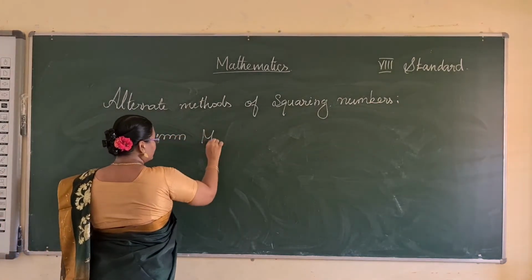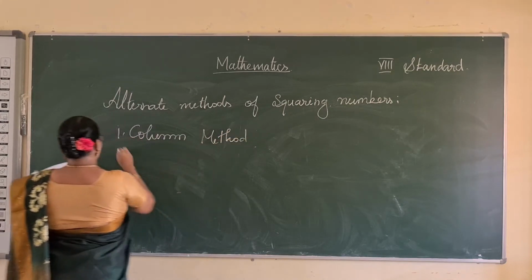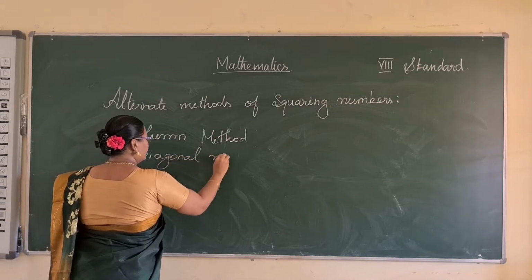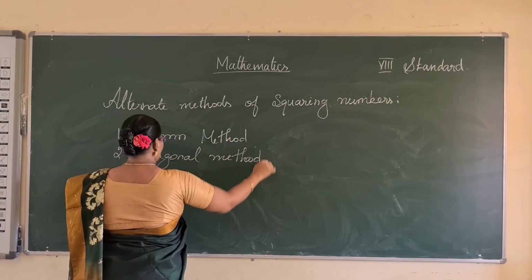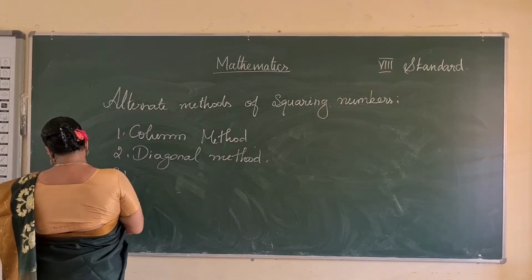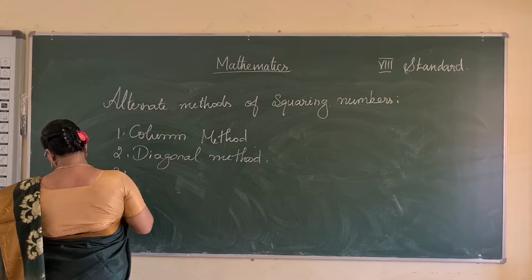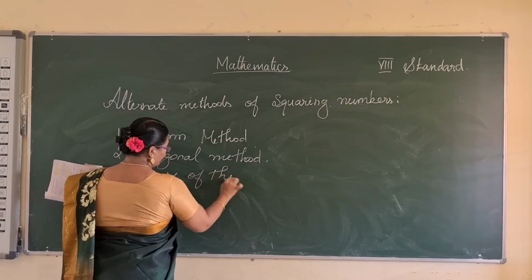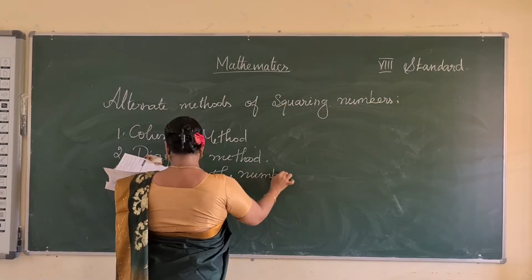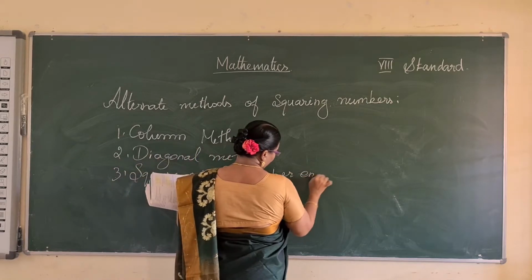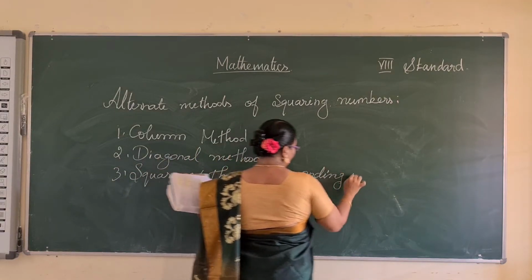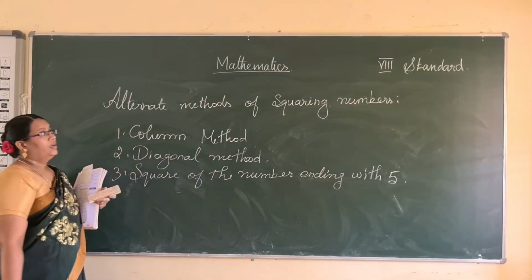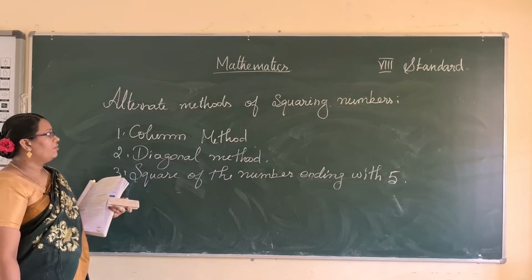And the third method is the square of a number ending with 5. Today we have seen three types of square methods.